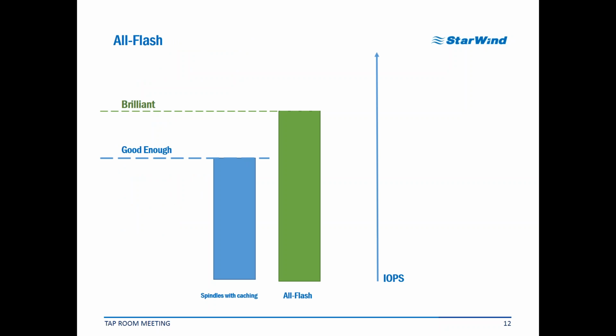And the next slide talks about the storage. Over here it says that all flash is brilliant and spindles with caching are good enough. That's true. Also on spindles, we have LSFS device, which is log structured file system. You might have heard of it if you are interested in using StarWind.